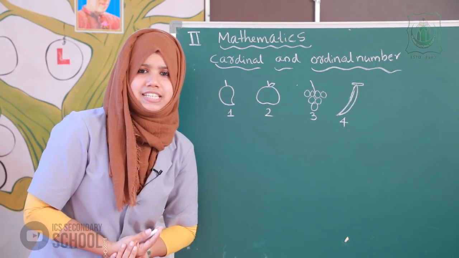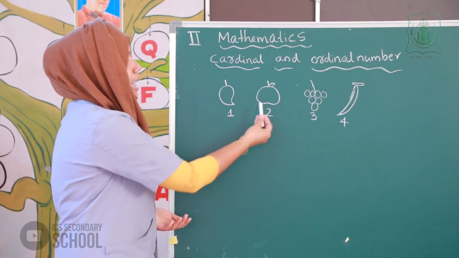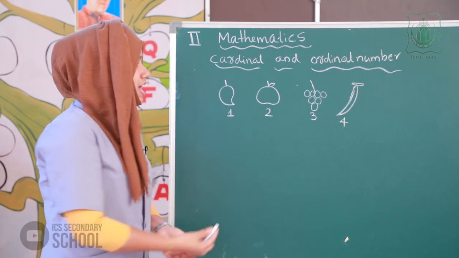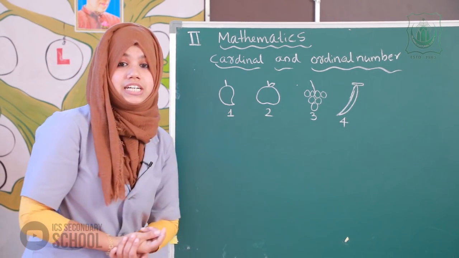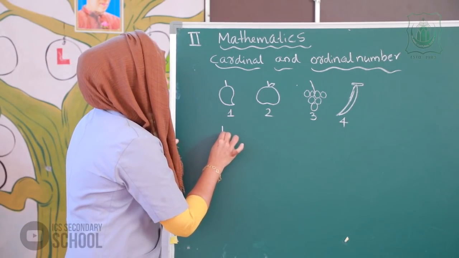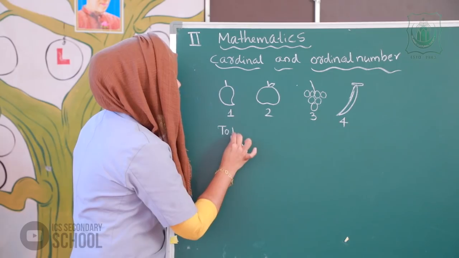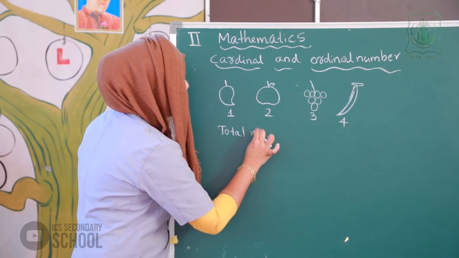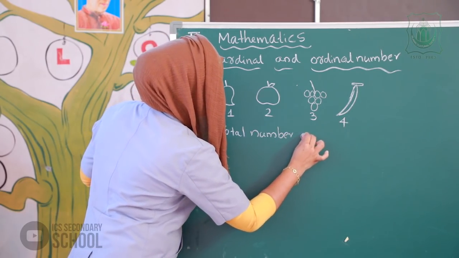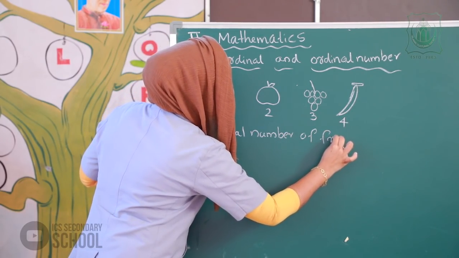Can you see some pictures here? Yes, what is this? Mango, apple, grape and banana. Some fruits. How many fruits here? Yes, 4. So, the total number of fruits.